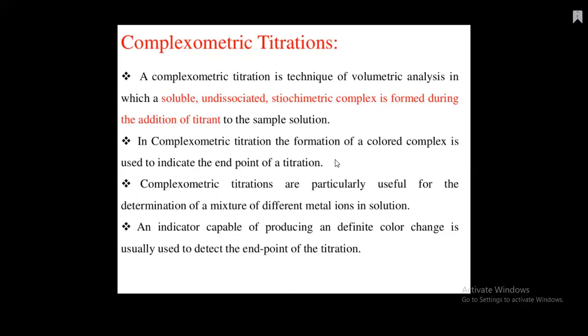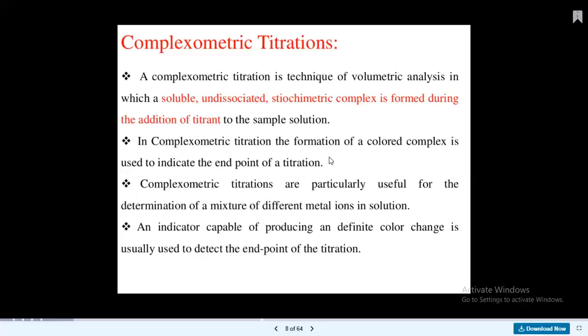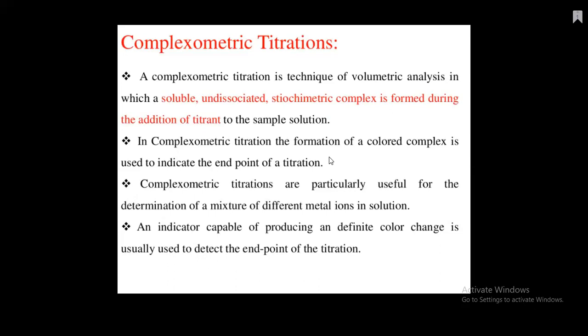When they form a complex, they give colored complexes. So in complexometric titration, it is also important that these metal ions give different colors when they combine with a titrant, or combine with EDTA.